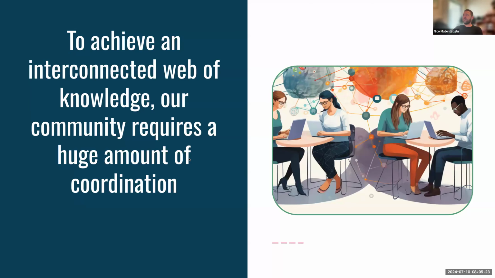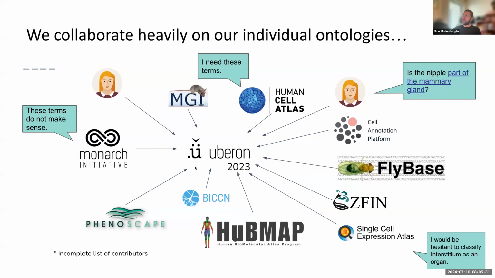And to achieve such an interconnected web of knowledge, our community requires a huge amount of coordination. So, for example, starting with our individual ontologies alone, we have scenarios like these ones here, where you have an ontology, in this case Uberon, which has a bunch of different stakeholder groups, like these ones that you see here arranged in a circle.